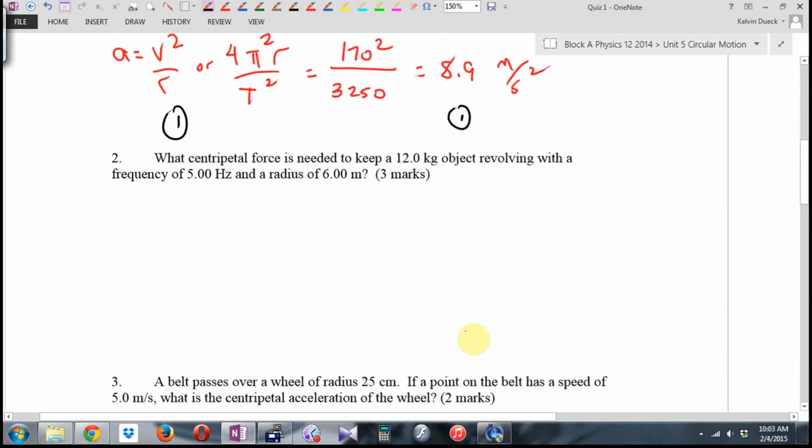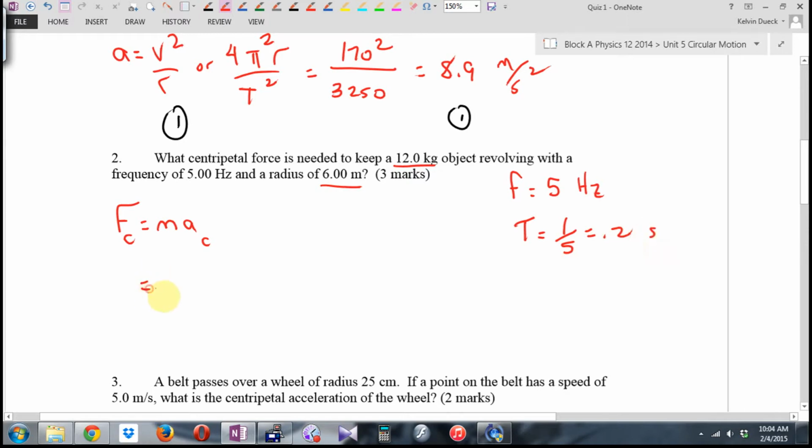What's the centripetal force needed to keep an object revolving? Well, they want the force. That's going to be m a c. There's the mass, there's the radius, and they should have given me either the speed or the period. What they gave me was the frequency, 5 hertz. But the period is 1 over the frequency, or 0.2 seconds, and now I'm good to go.